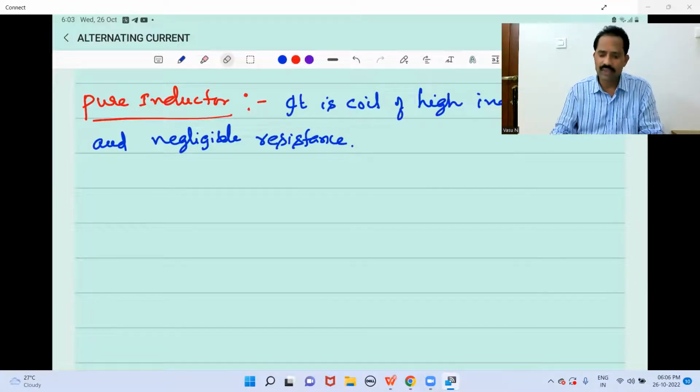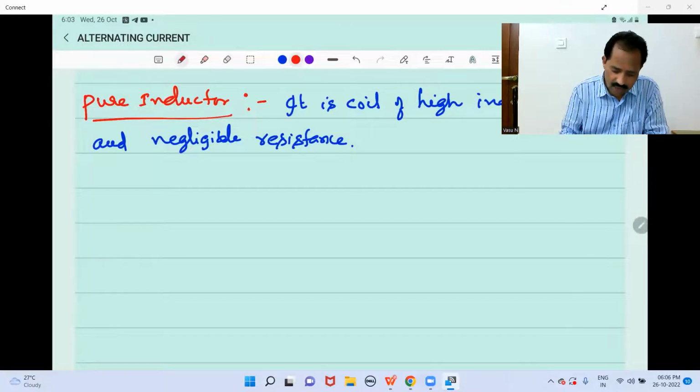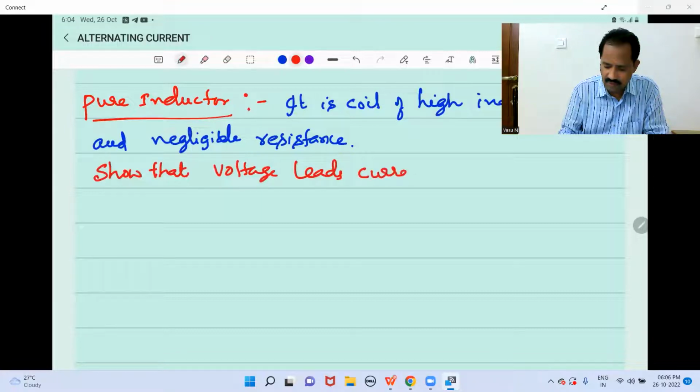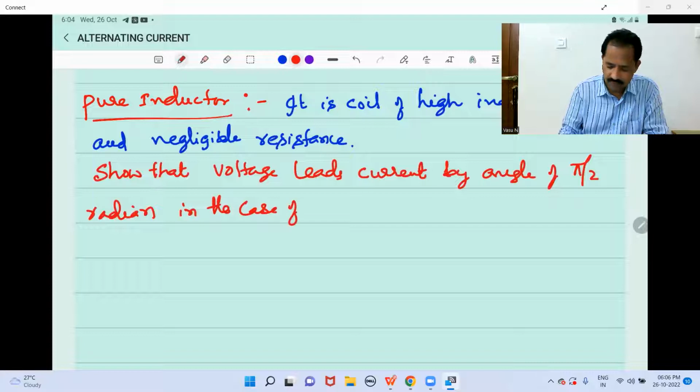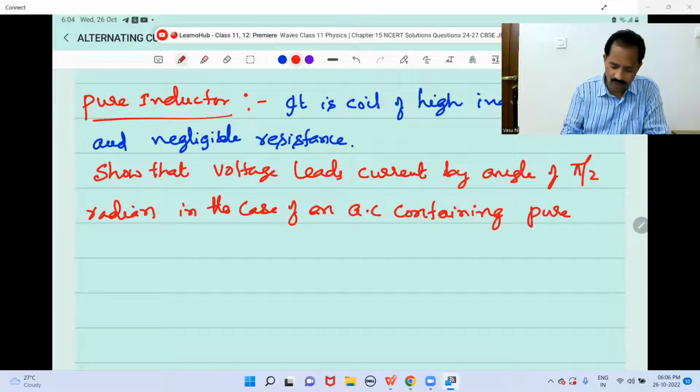Okay, makla. Now the question is like this. Show that voltage leads current by an angle of pi by 2 radian in the case of an AC circuit containing pure inductance.